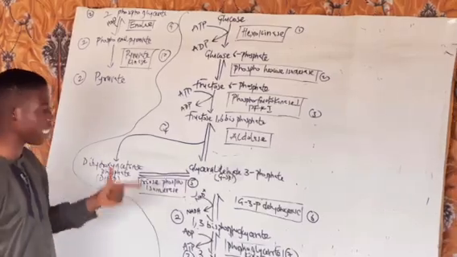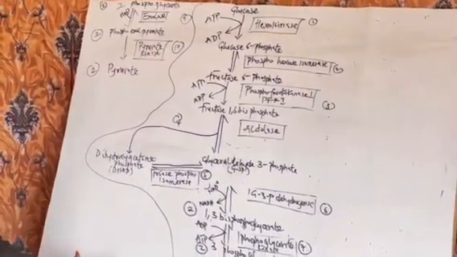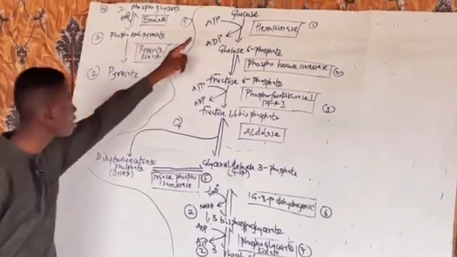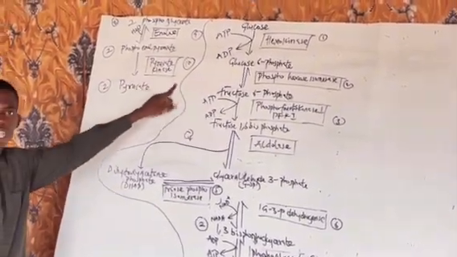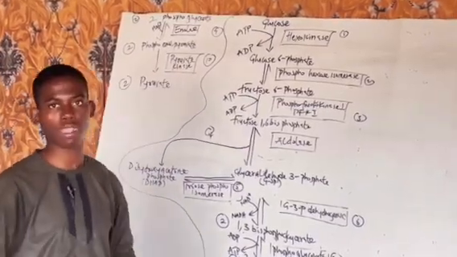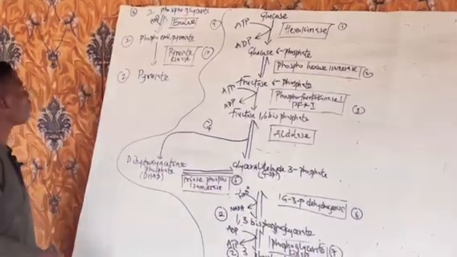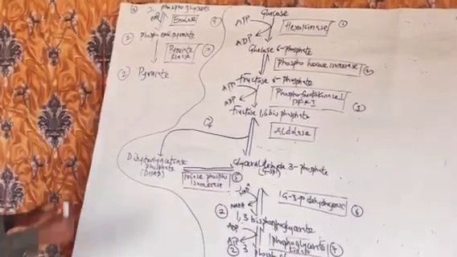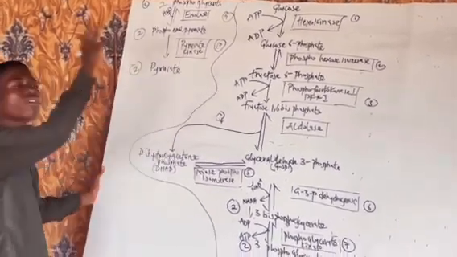Before we do that, I need us to understand that we have 3 irreversible steps in this pathway: step 1, step 3, and step 10. And those 3 irreversible steps are the regulatory steps of glycolysis. We'll be talking about how to regulate the pathway maybe in our next video. But for now, let's calculate the total energy produced from the entire pathway.